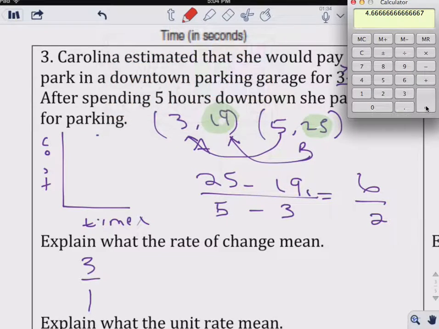Now 25 is the dollar amount, 19 is the dollar amount, so the difference is dollar amount. Bottom is time in hours. So this is hours. So $6 for every 2 hours.